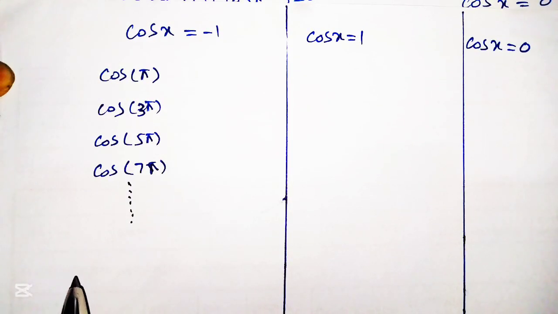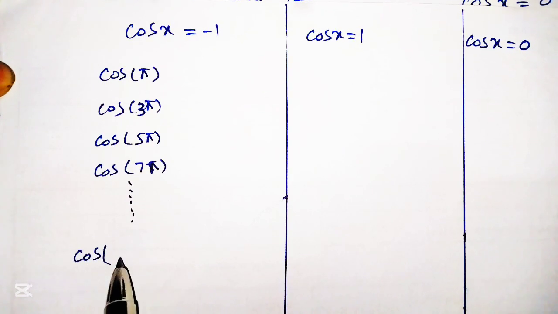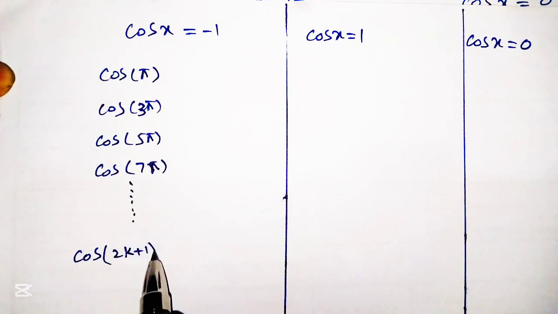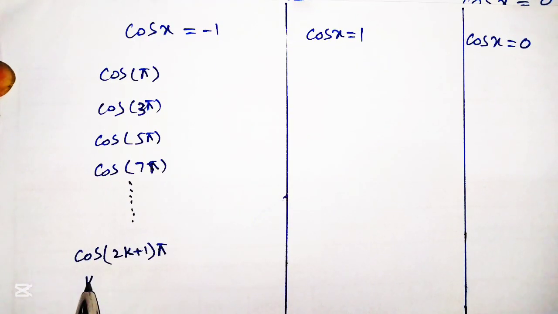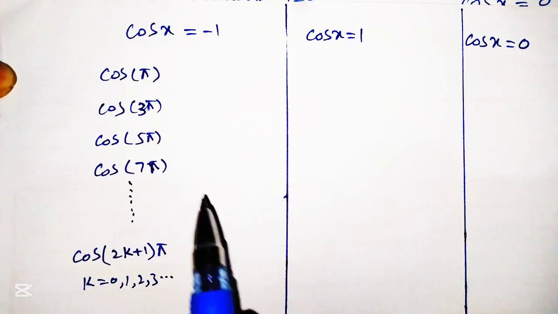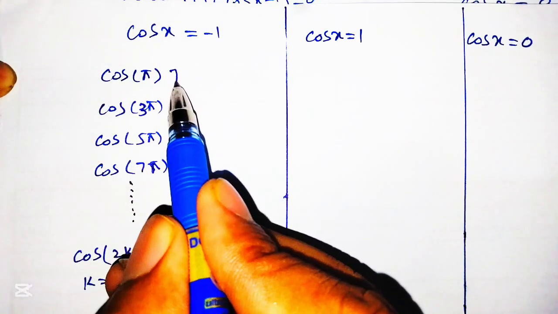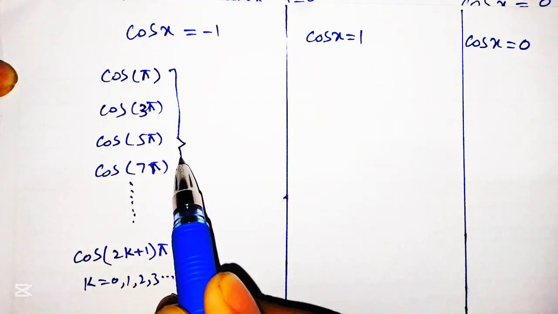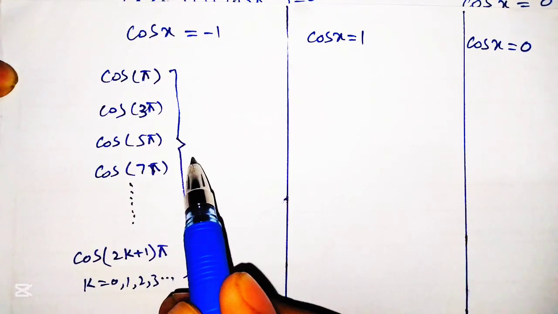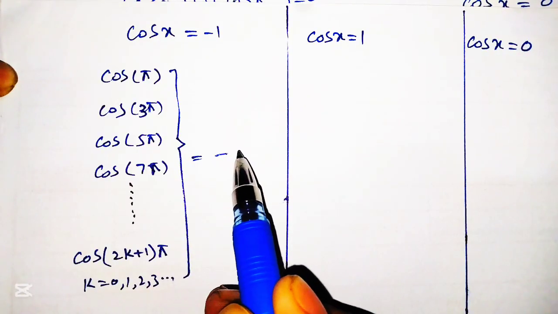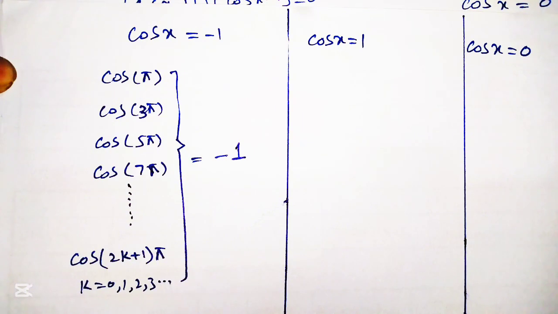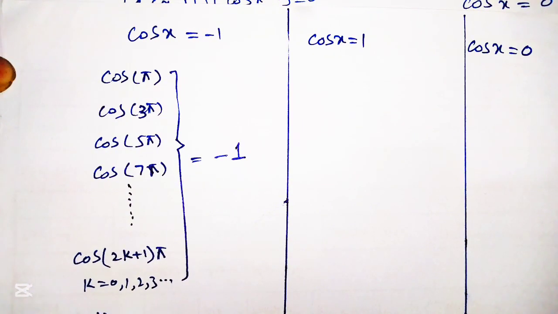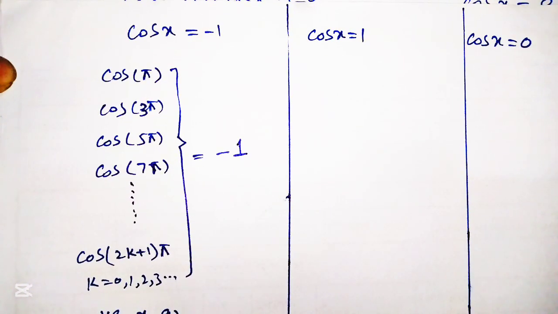In general, we can write it as cosine of (2k plus 1) pi, which is also equal to minus 1, where k is equal to 0, 1, 2, 3, and so on. So on all these angles, the value of cosine is equal to minus 1. Actually, these angles are the cycle of cosine, and all these angles are the angles on the negative x-axis.